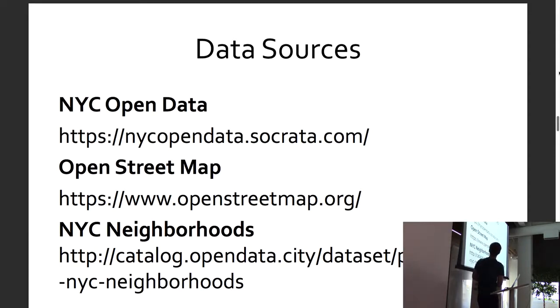There are a lot of good things around. For some of the visualizations, I used OpenStreetMap as a base map where you can have the streets and everything put on them. And I used the NYC neighborhoods from the opendata.city website, which was really good for me because it has some good attributes to it, which you will see later.